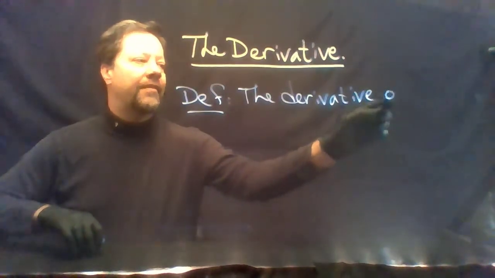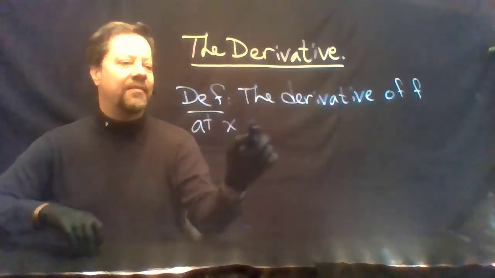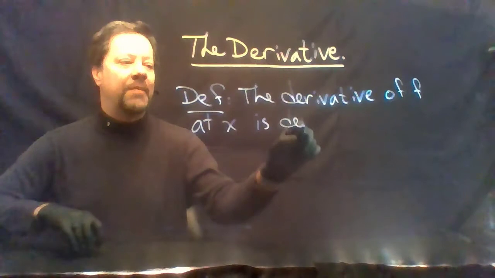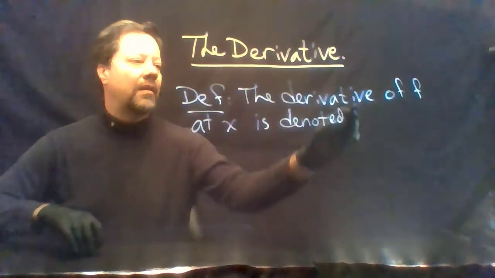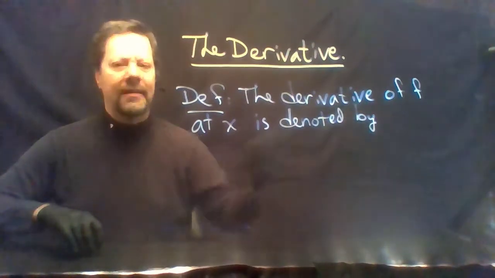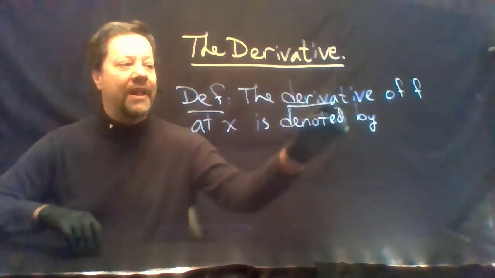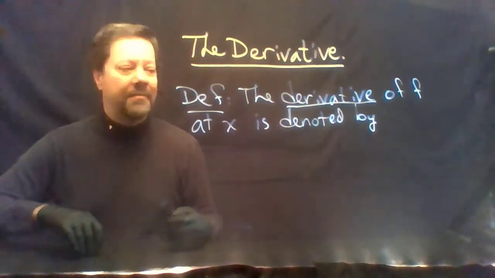We'll make the following definition. The derivative of f at x is denoted by... I have to be honest with you, there are several different notations for the derivative. So I should give you a few of them.